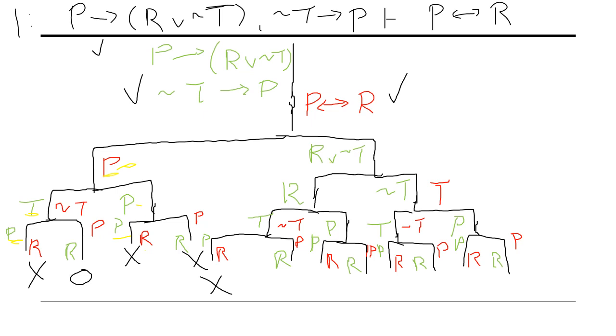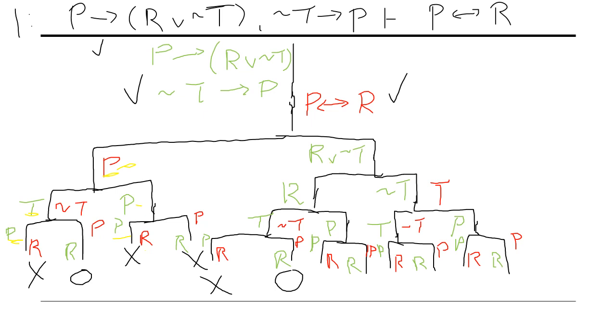Let's see, next one. Red P, green R, green T. Nothing closes it off, so we leave it open. Double check. Green R, red P, green T. The green R. Yep. Let's look at the next one.